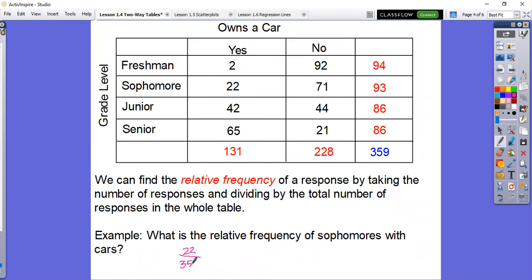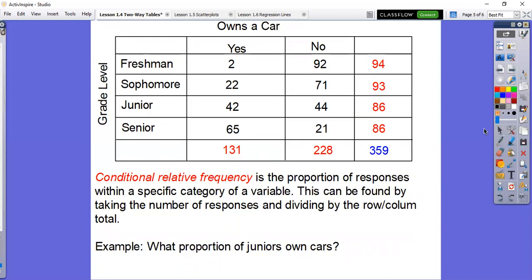So then you're going to grab your handy dandy calculator and do 22 divided by 359, and that is about 0.06. Or another way to think about it, roughly 6% of the people surveyed were sophomores who own cars. So that is a relative frequency.